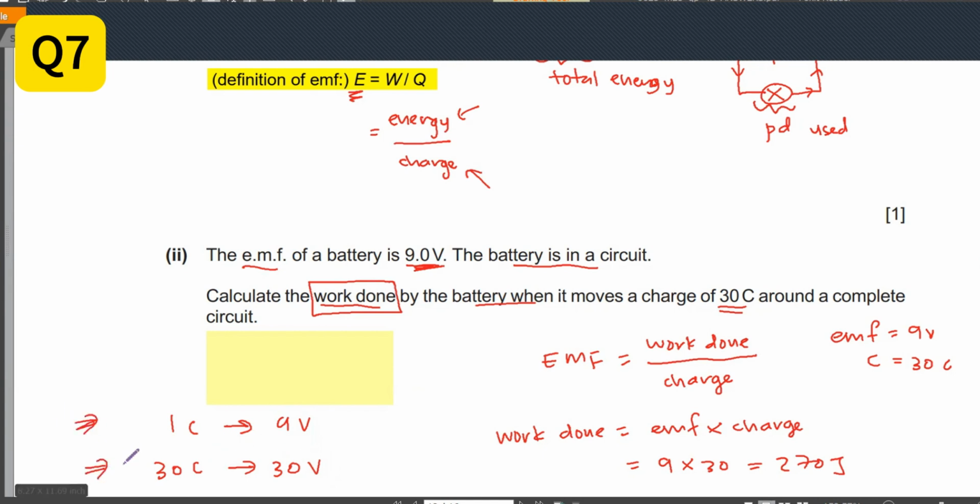So 1 coulomb, we will need 9 joules of energy. Now 30 coulomb, we will need 270 joules of the energy. The more charge we want to push, the more electrons we want to push, the more energy is needed. So that's the idea.